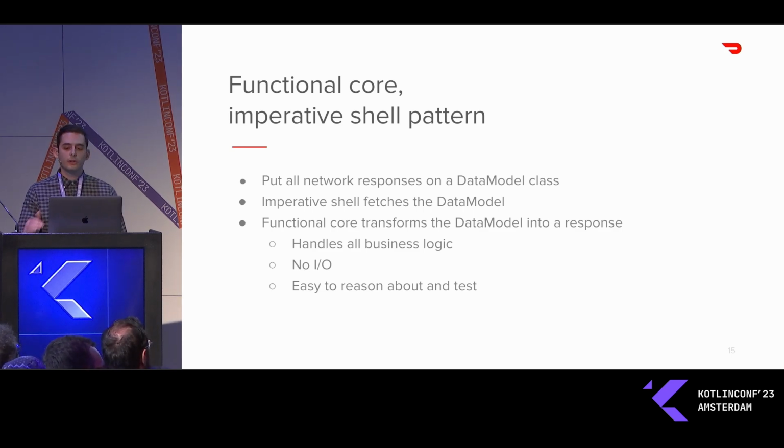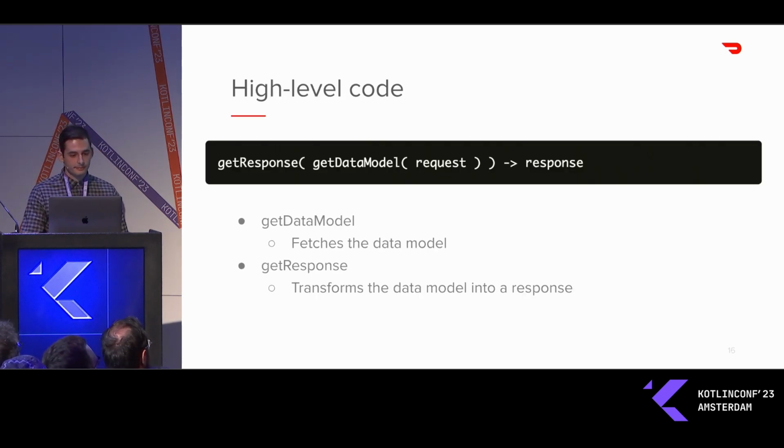Then the functional core has all of the business logic to transform that data model into a response. At a high level, you can think of our API as a composition of 2 core functions. GetDataModel makes API calls and returns the data model. And then GetResponse transforms that data model into a response.